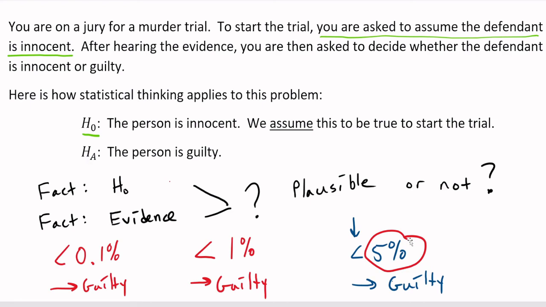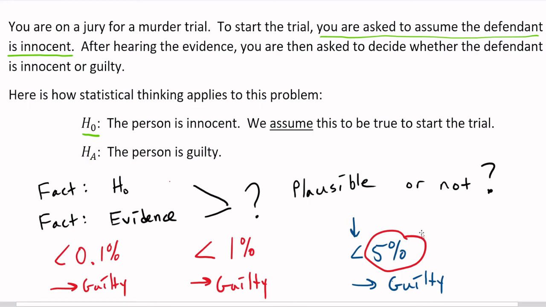Well, what did you just say? You just said, even though there's that percent chance that they're innocent, you're just saying, like, nope, I know that that's true, but it's so small, I'm just going to say guilty. That's how this system works.